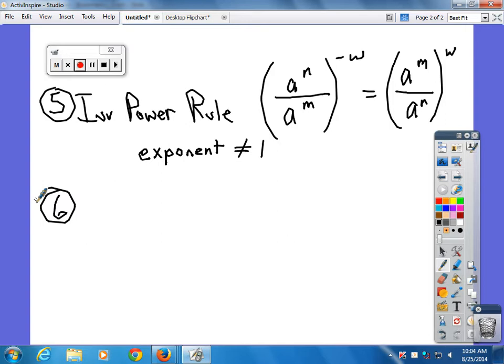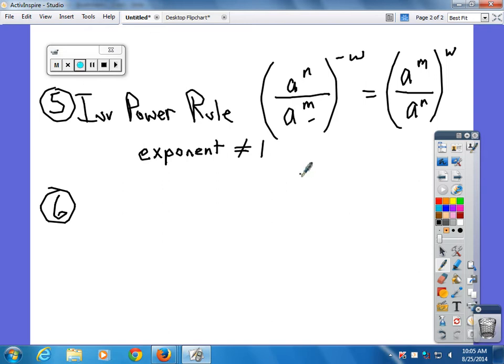But if it's in parentheses and n is negative but m is not, would you just put m on the bottom with the n? You could, yeah, but you still got to distribute it. But if you don't flip both of them, this does not turn positive. You got to flip both of them.